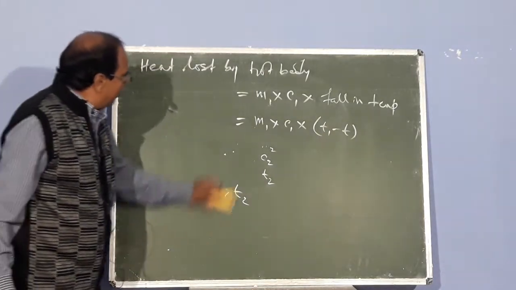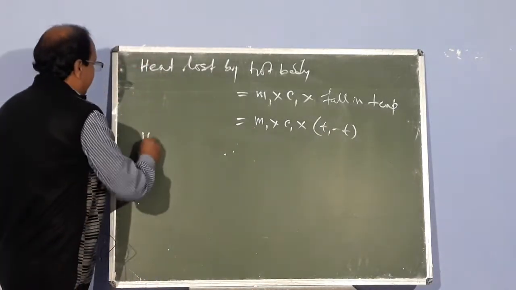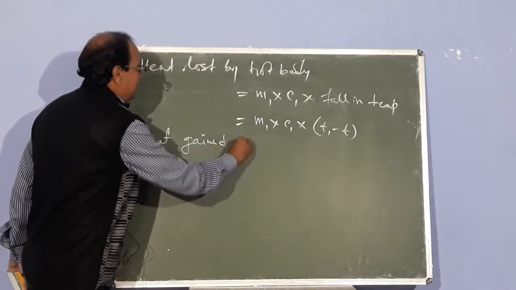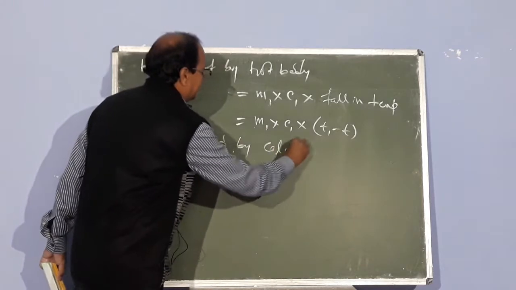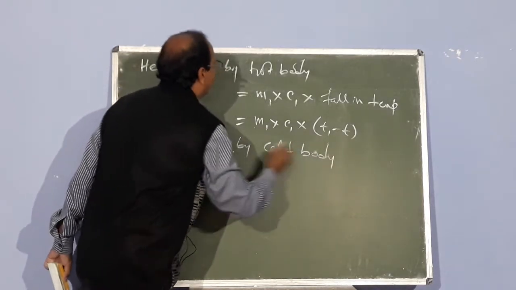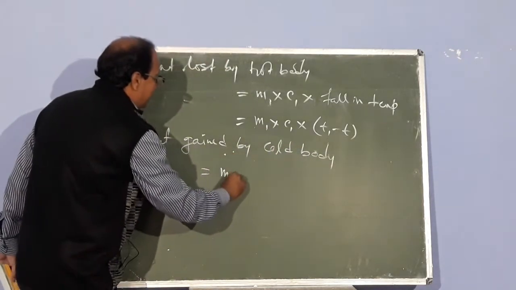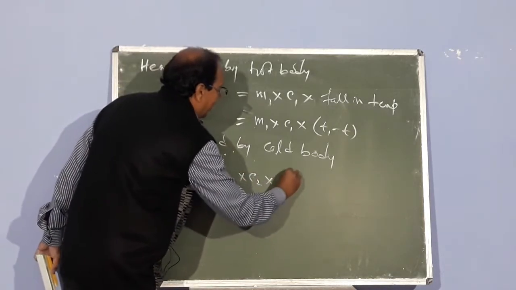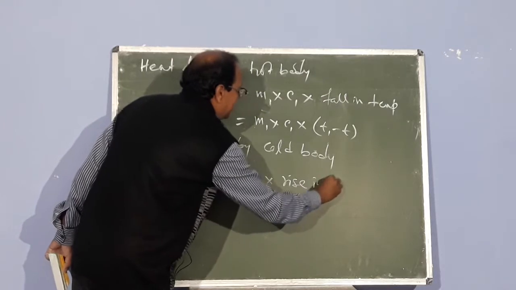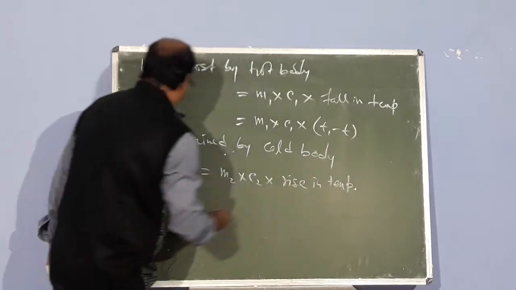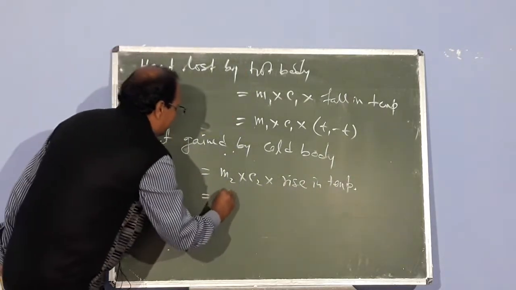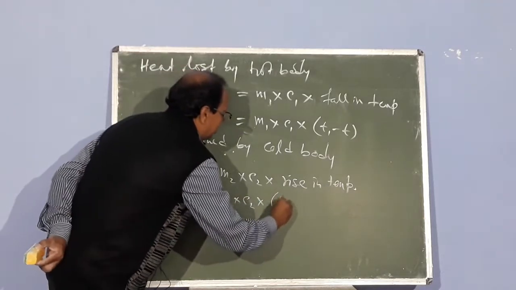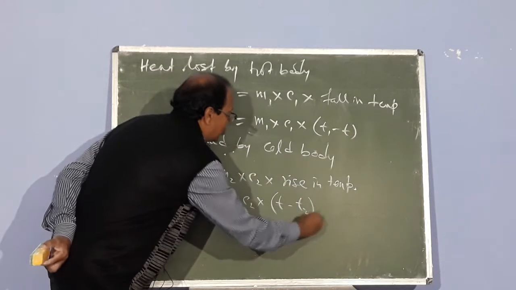Now we will go for heat gained by the cold body. Heat gained by the cold body equals M2 into C2 into the rise in temperature, so M2 into C2 into T minus T2.